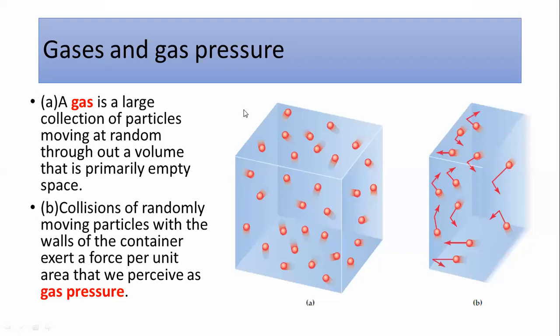So first, starting with very basic definitions about the gases and the gas pressure. First, have a look at what the gas is and how it behaves. It is a large collection of particles moving at random throughout the volume, which is primarily empty space.